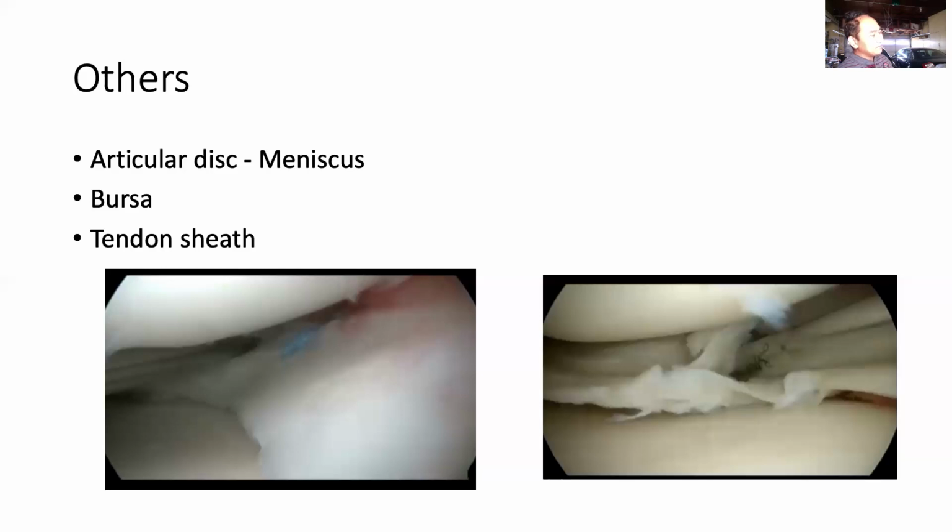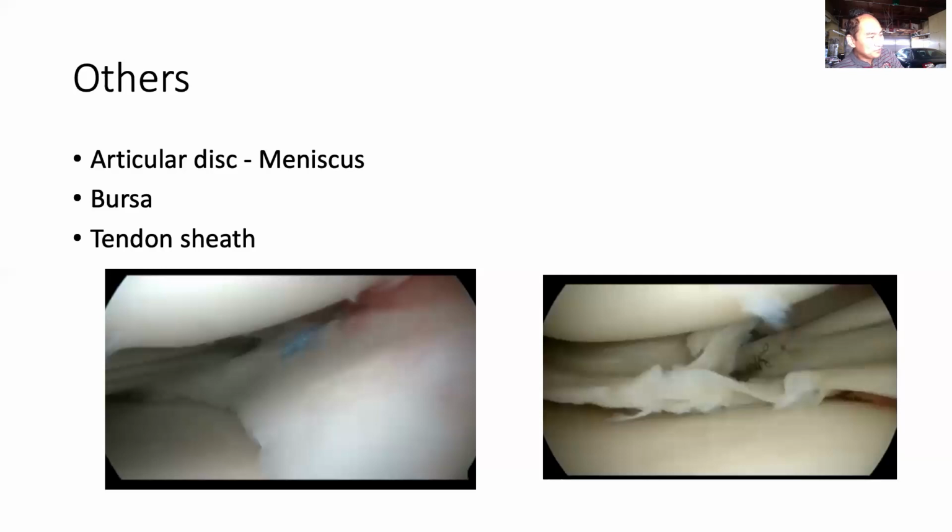It acts as a cushion in between the two bones of the knee joint surface, so that the two hyaline cartilages don't meet and impact each other every step we take. And because of that, the joint has better congruency.